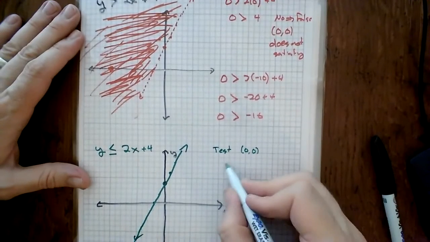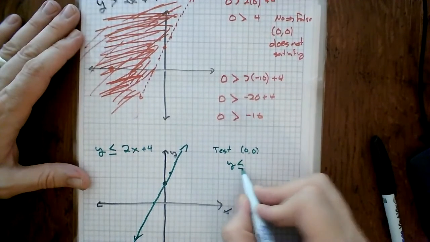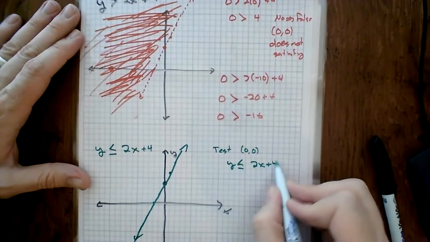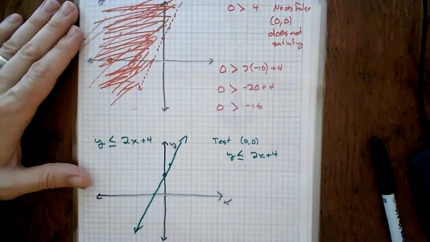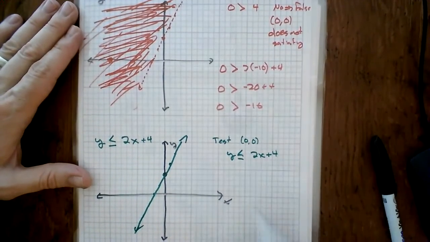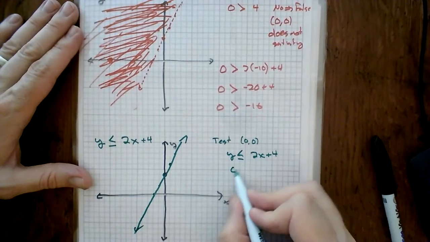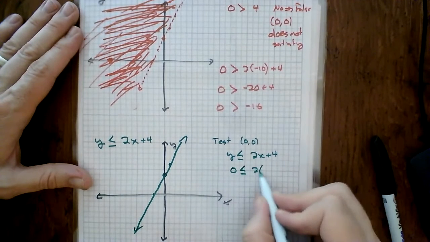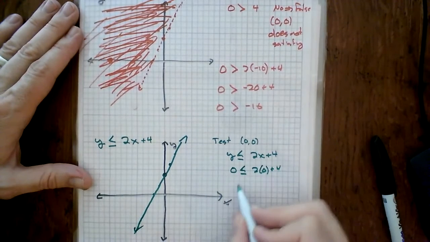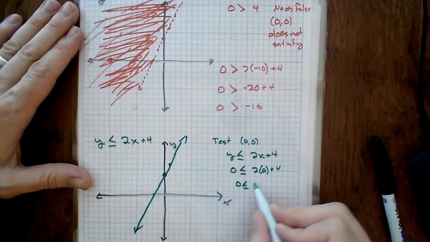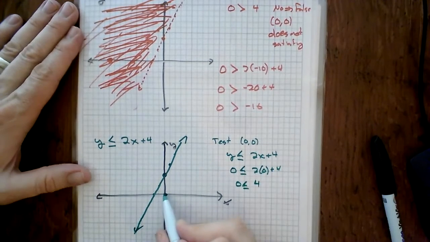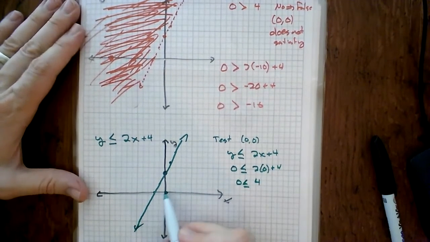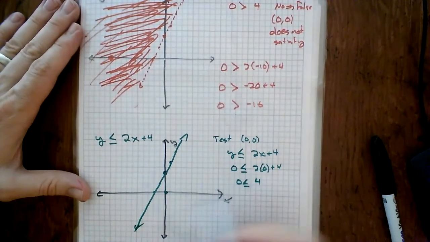So here we've got that y is less than or equal to 2x plus 4. I probably should have written this up above here, but I didn't. What we're doing is plugging in 0 for x and 0 for y. So is 0 less than or equal to 2 times 0 plus 4? 0 is in fact less than 4. So this point right here does satisfy this inequality.